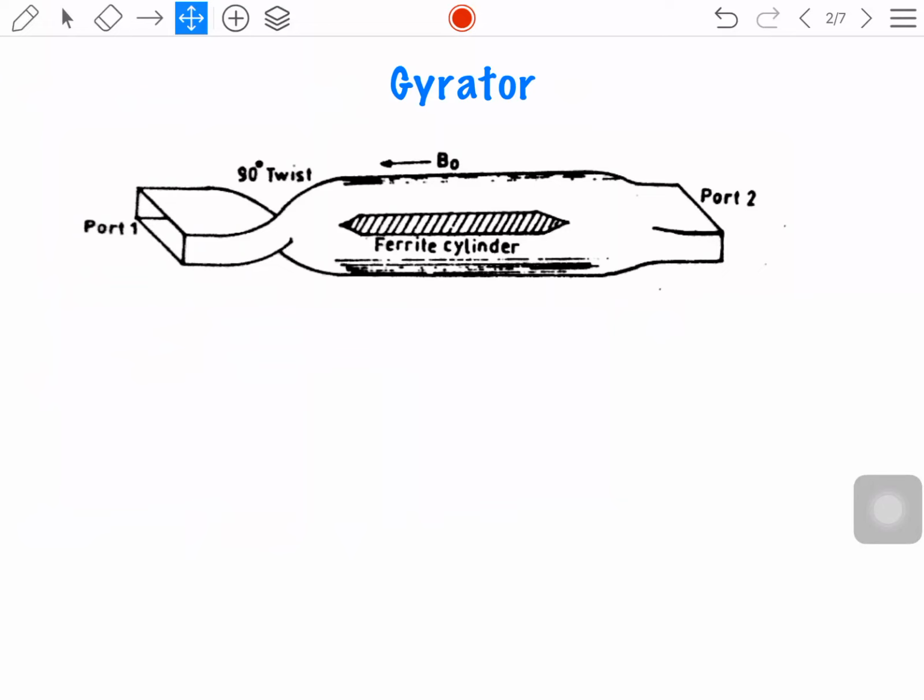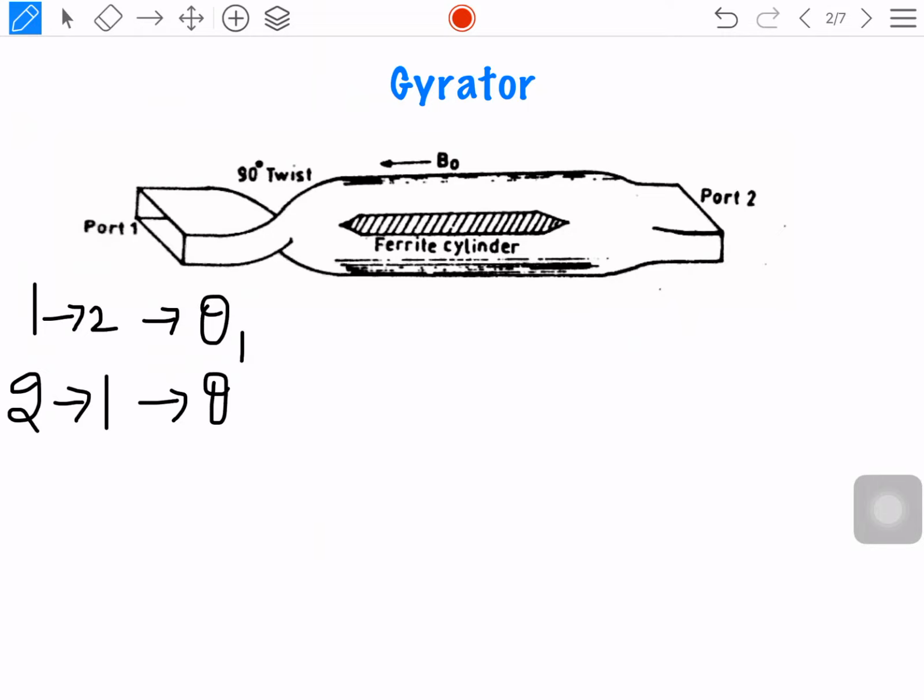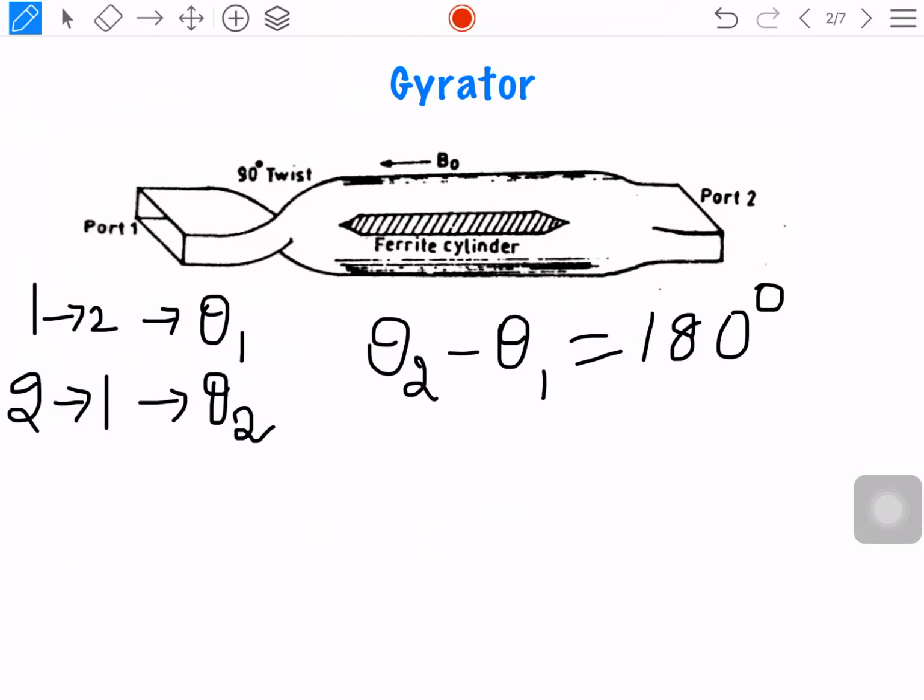When there is a transmission from port 1 to port 2, some phase shift will be there, and when you are taking the transmission from port 2 to port 1, there will be some phase shift in the wave, and the difference of these two should be approximately equal to 180 degrees. Any device which is providing a phase shift difference of 180 degrees is called a gyrator.